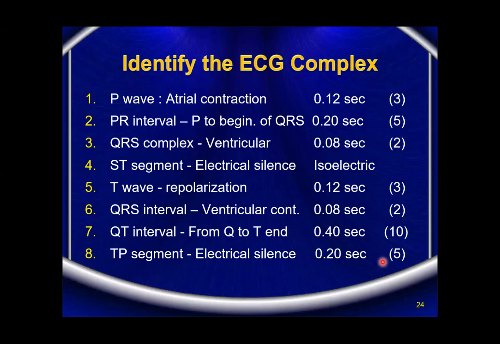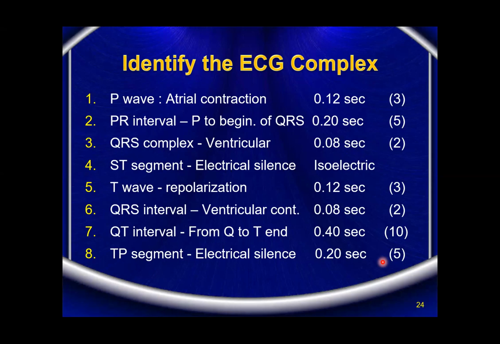So the P wave is atrial contraction, 0.12 seconds, which is 3 small squares. The PR interval, beginning of the P wave to the beginning of the QRS, is 0.2 seconds, which is 5 small squares or 1 big square. The QRS complex is ventricular contraction, 0.08 seconds, and it occupies 2 small squares.